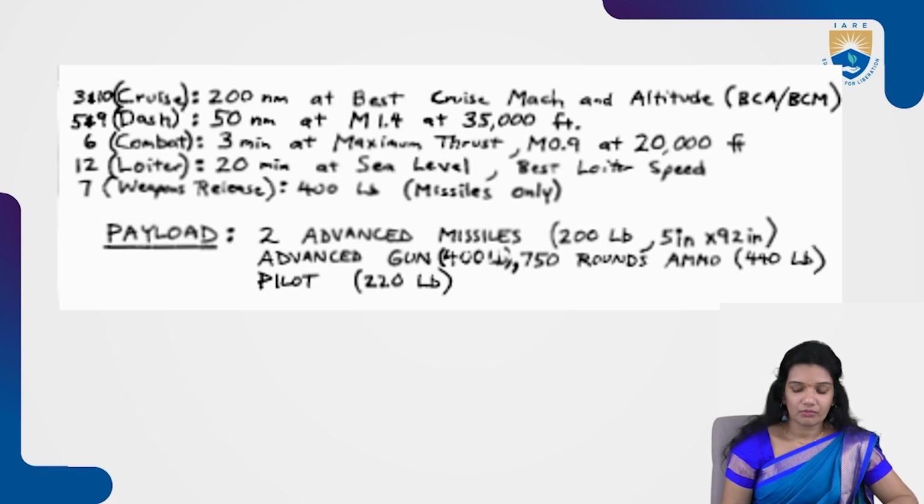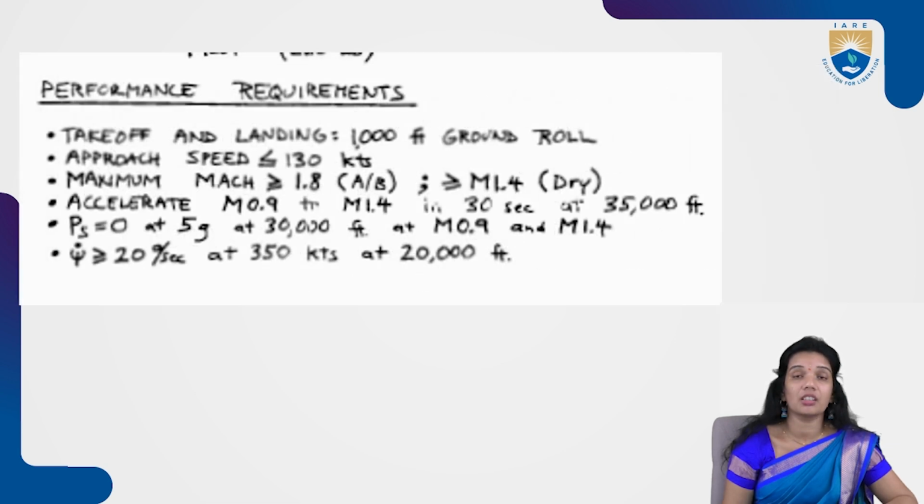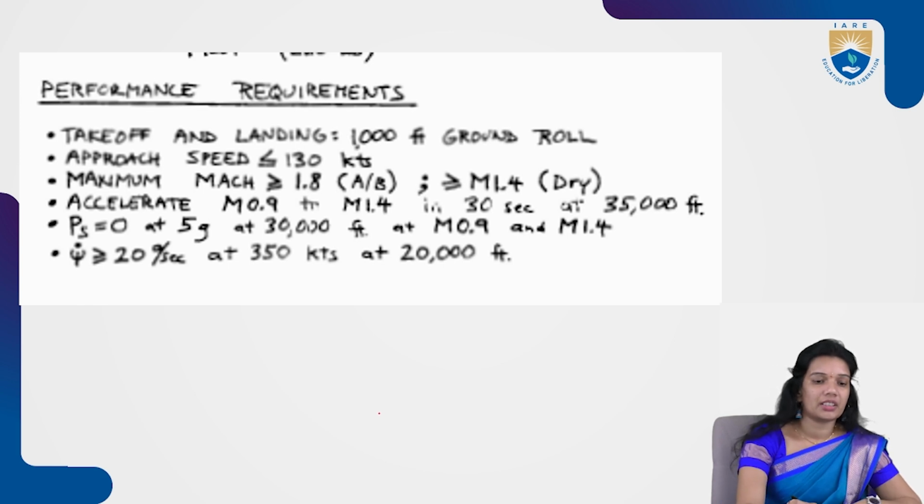Okay. Now with this, we will go and do the sizing of it, a refined sizing when we have a weapon drop in it. And some other parameters are mentioned here. Takeoff and landing, 1000 ground roll, approach speed less than 130. Maximum Mach greater than 1.8, accelerating from 0.9 to 1.4 at 35,000 feet.